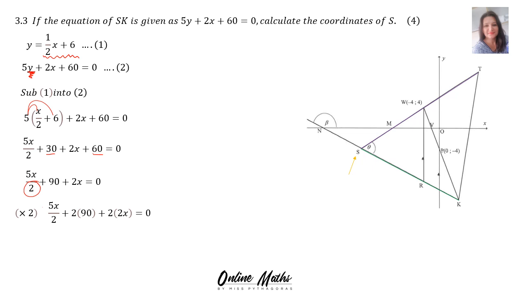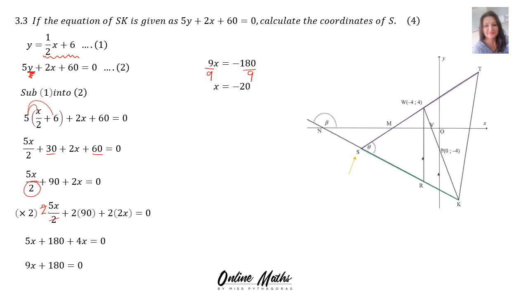Multiply this one by 2 as well, and then the 2's will cancel, and I'm left with just 5x plus 180 plus 4x. Then you add your like terms: 5x plus 4x is 9x plus 180. Now I'm going to solve for x. I took the 180 across to the right-hand side, and it's minus 180. Then I'm going to divide right through by 9, and I end with x equals -20.